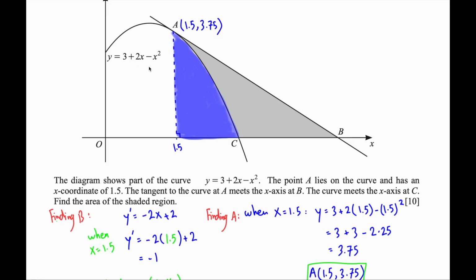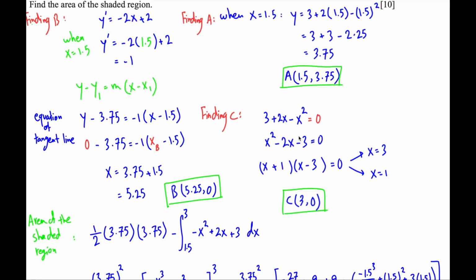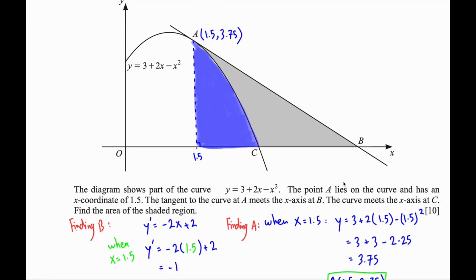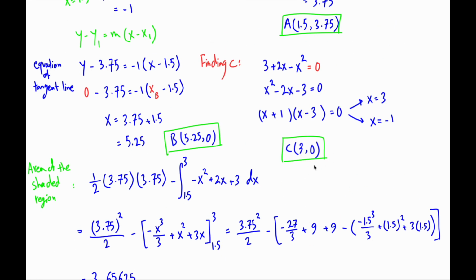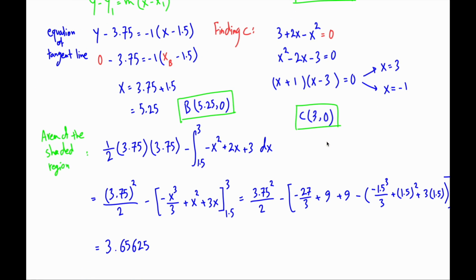So basically this equation on the left hand side, if I make y 0, then I can find the value of C. However, by doing so, you're gonna end up having two values, and I think it's very obvious that we have to choose the bigger one, because as you can see in the picture, C is on the right hand side of the y-axis, and the other root, which we found to be -1, is falling on the left hand side, and C is the point of interest and its coordinates are 3 and 0.